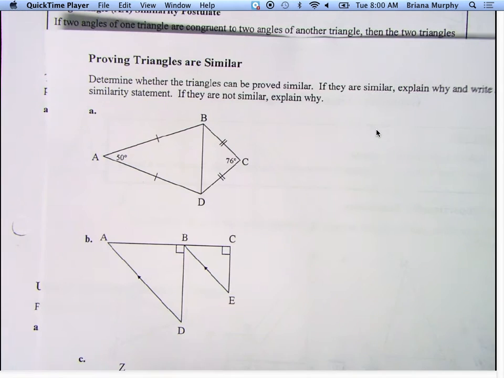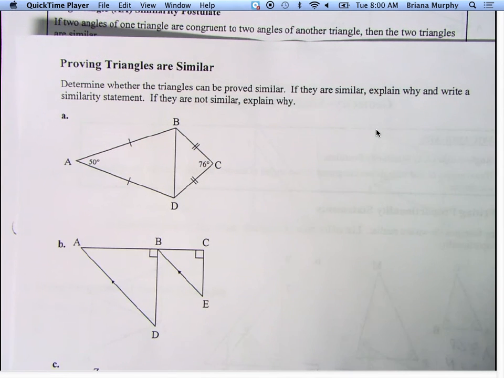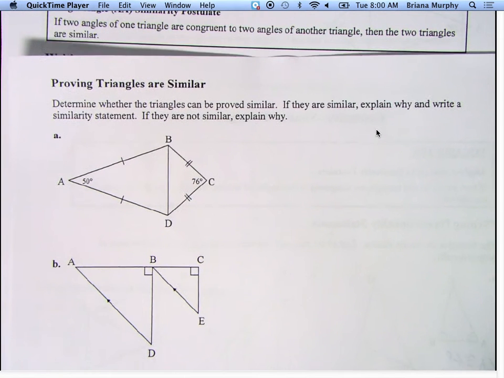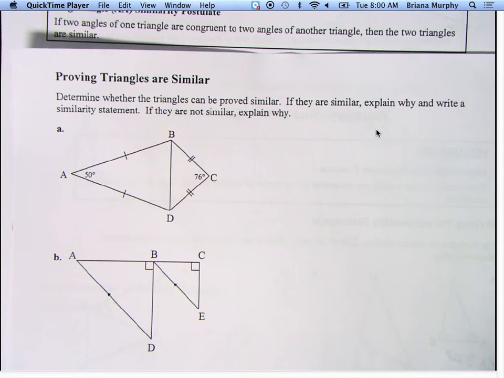Okay. Determine whether the triangles can be proven similar. If they are similar, explain why and write a similarity statement. If they are not similar, explain why. Okay. So, let's look at A. I say no. Why?